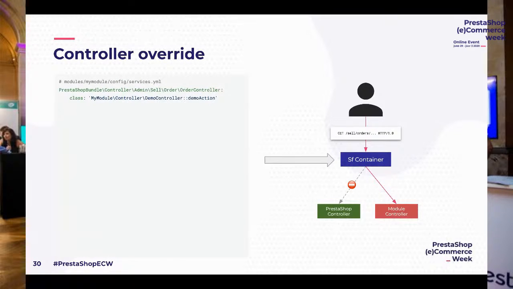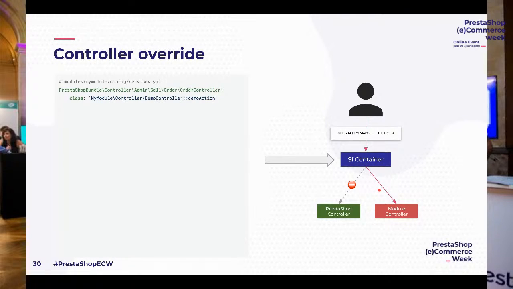So the second option is override, which you have probably heard of. You know how this works for legacy controllers. In the case of Symfony controllers, this works at the container level. So for any endpoint which is handled by a specific controller, when you redefine it in the Symfony container, instead of instantiating the original controller, it will instantiate your own.